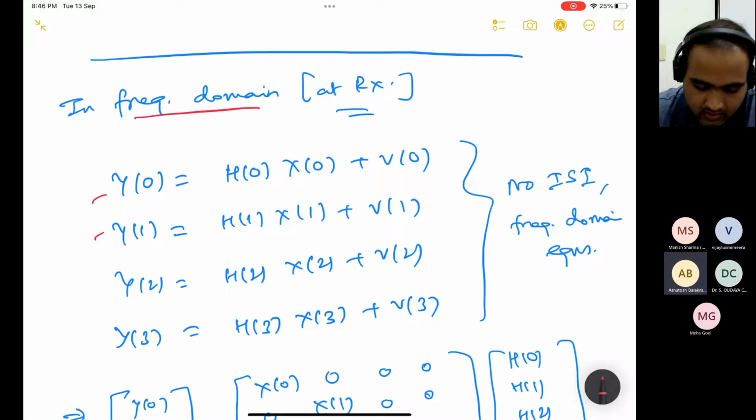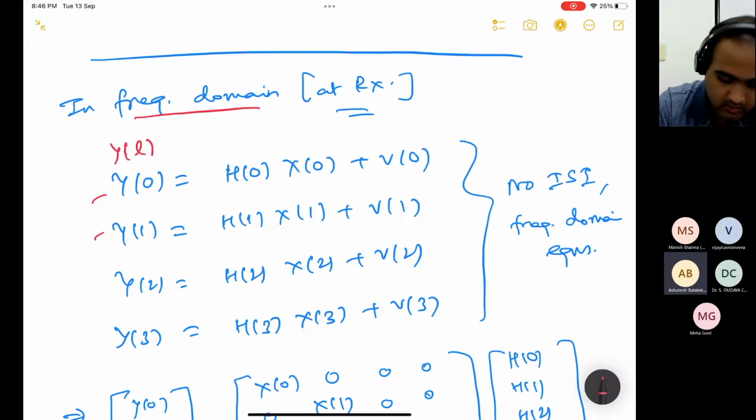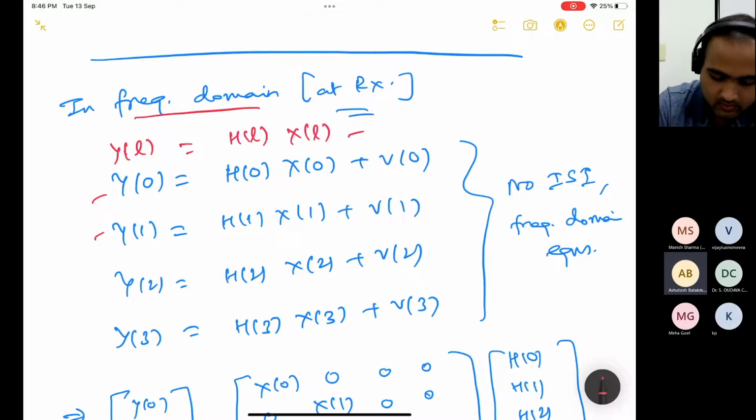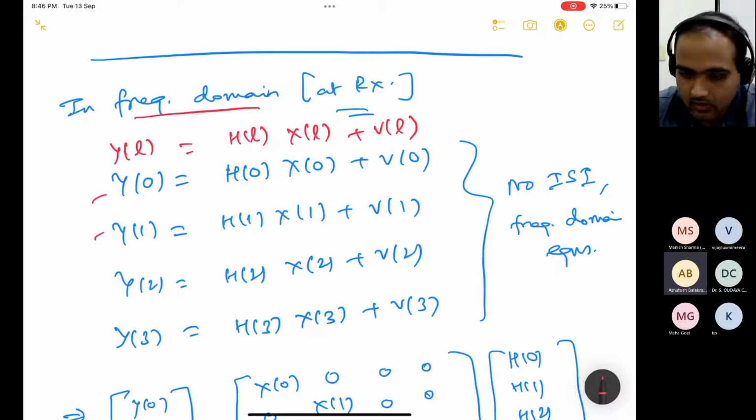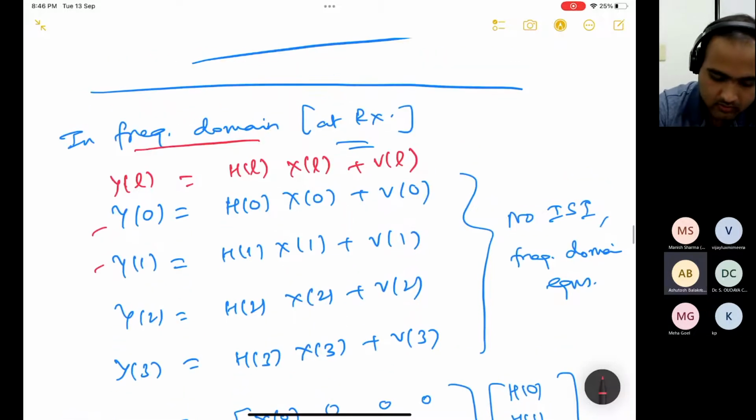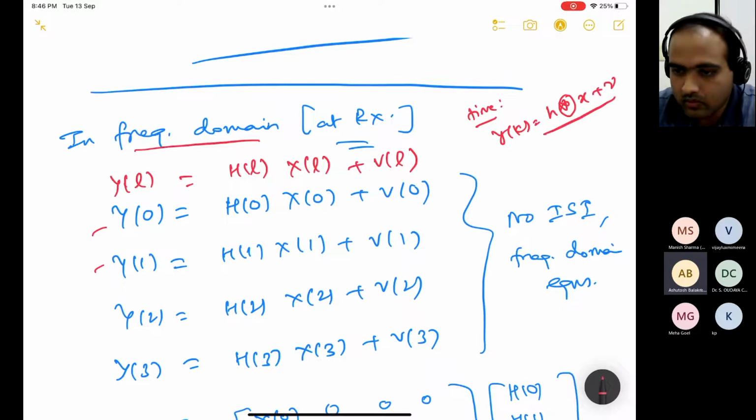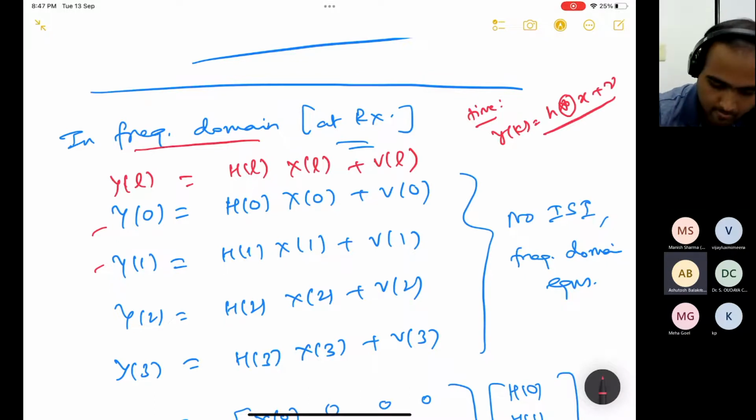Similarly, y1 follows the general formula, that is h x plus v, whereas in the time domain, we had yk is h circular convolution x plus v, right? So this is what we were getting.